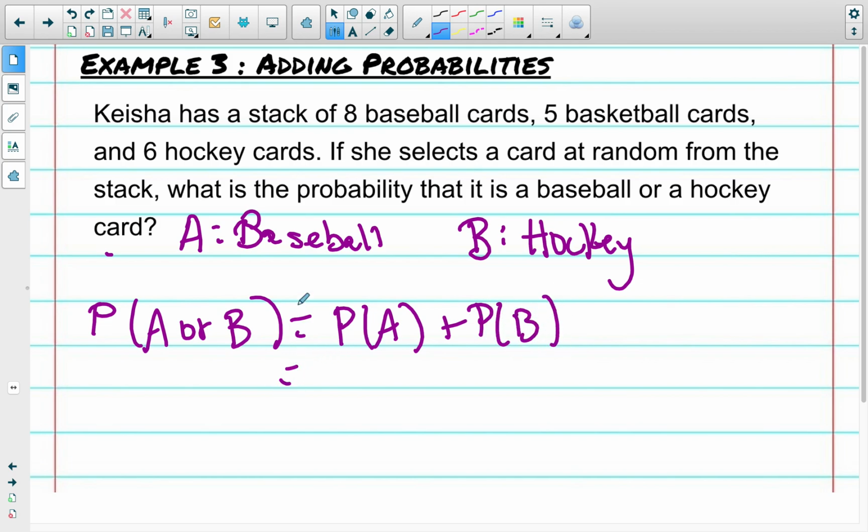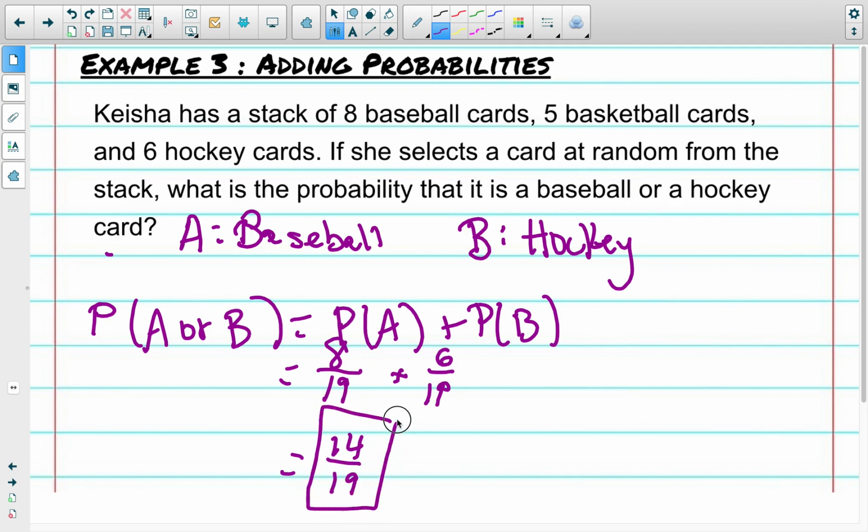The probability of event A happening, the probability that we get a baseball card, is 8 out of 19. I just added up 8 plus 5 plus 6 to get that. And then the probability that we have a hockey card is 6 out of 19. So this simplifies to 14 out of 19.